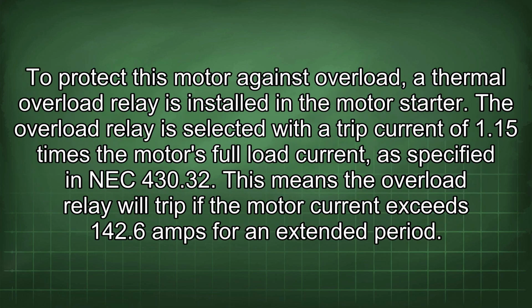To protect this motor against overload, a thermal overload relay is installed in the motor starter. The overload relay is selected with a trip current of 1.15 times the motor's full load current, as specified in NEC 430.32. This means the overload relay will trip if the motor current exceeds 142.6 amps for an extended period.